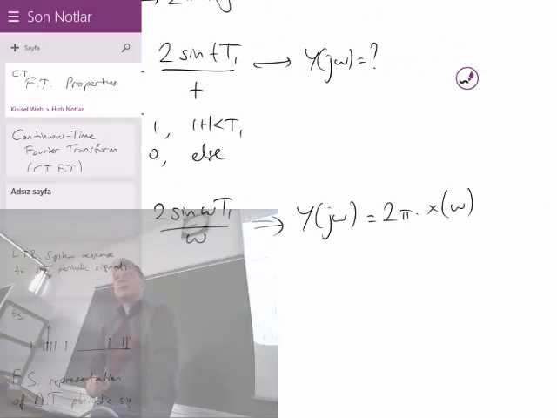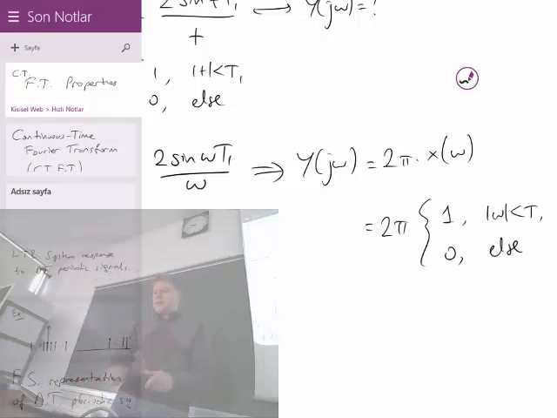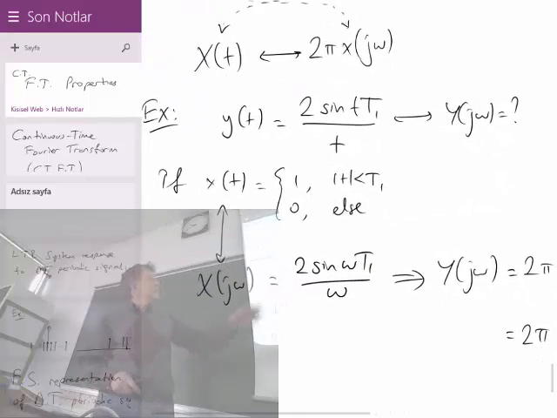Of course, you have to write it by changing the variable from t to omega. And finally, you say it's 2 pi times 1 if magnitude of omega is less than T1 and 0 else. So it's the same rectangular pulse that we obtain as the Fourier transform of this y of t sinc shape. It's only scaled by 2 pi.